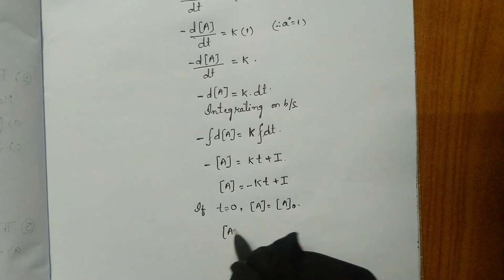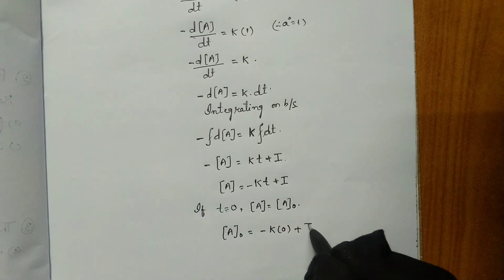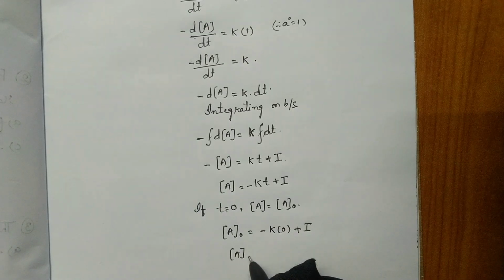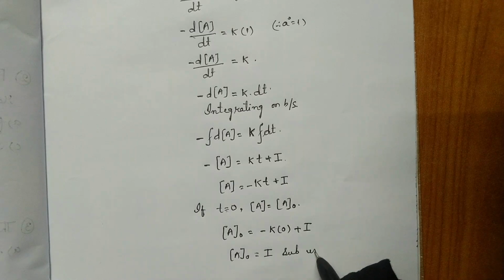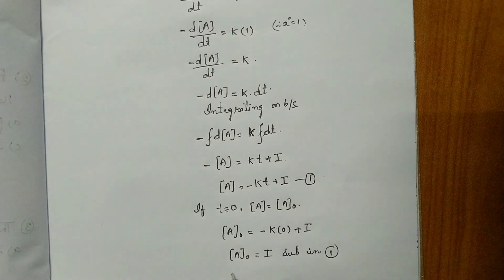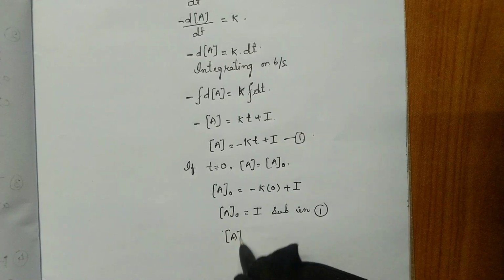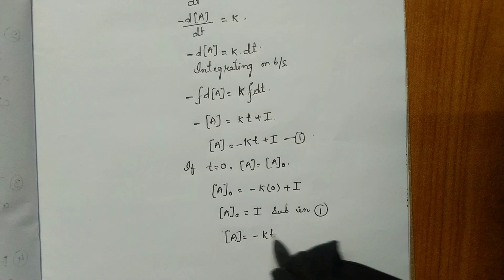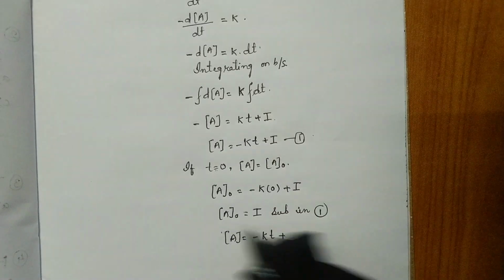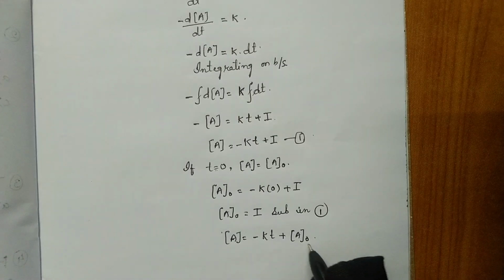We will get the concentration of A at 0 is equal to minus k into 0 plus I. So concentration of A at 0, meaning initial concentration, is equal to I. Now substitute this in equation number 1. Let's say this is equation number 1. We'll get [A] is equal to minus kt plus, in place of I we can write the initial concentration. So [A] is equal to minus kt plus [A]0.